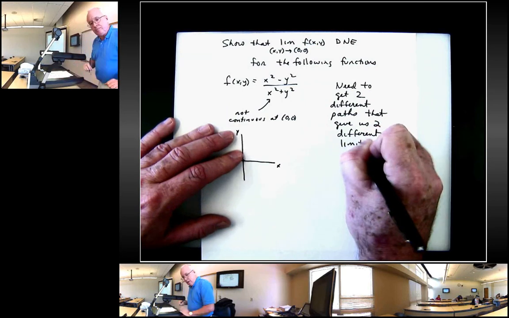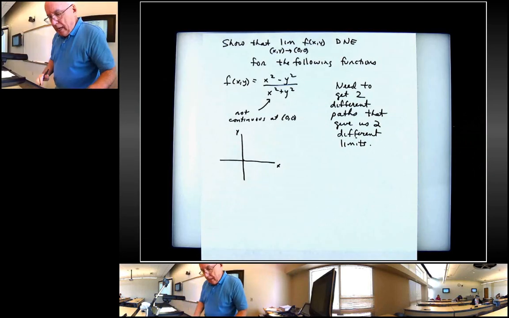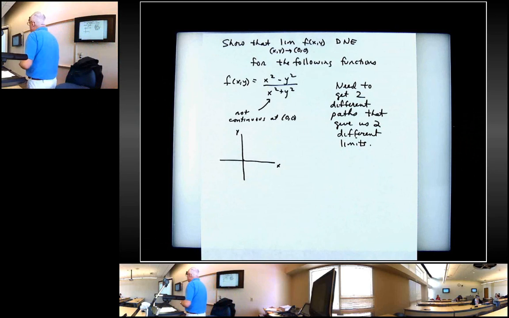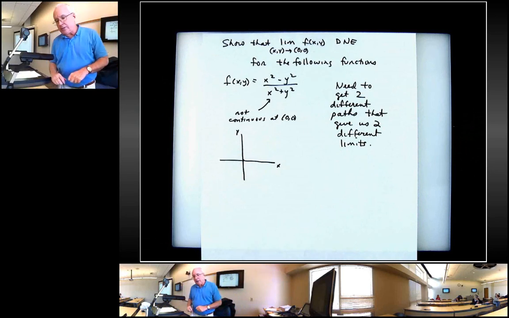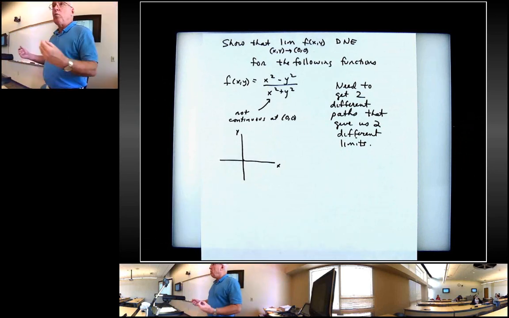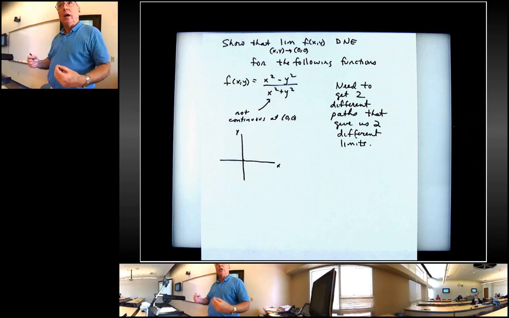All right. Okay. And what Tom had mentioned was, why don't we try a path where, say, x is 0 and y is approaching it that way.